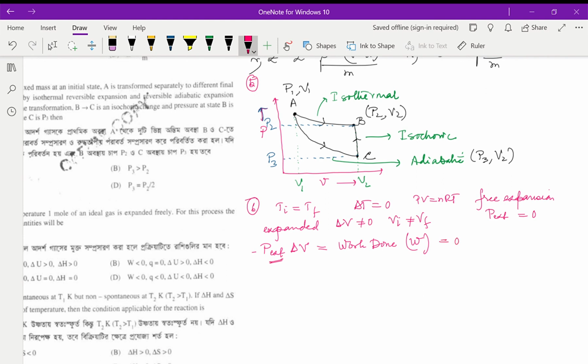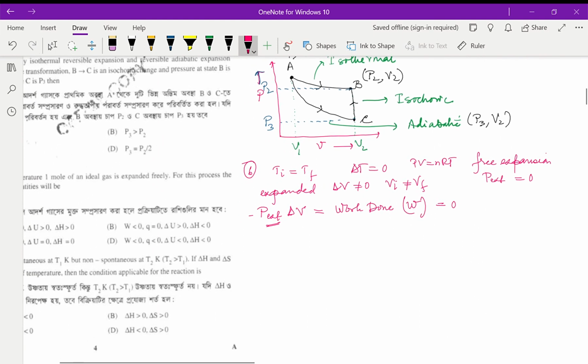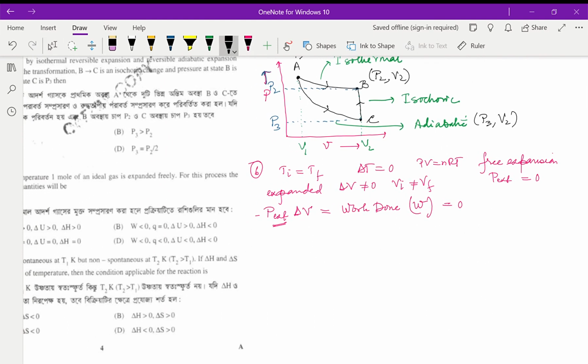Then we also know that delta H is Cp delta T and delta U is Cv delta T. Now since delta T is equal to 0, we will say delta H equal to 0. Similarly, delta U is also equal to 0.